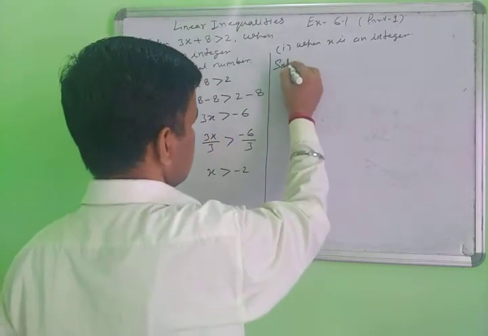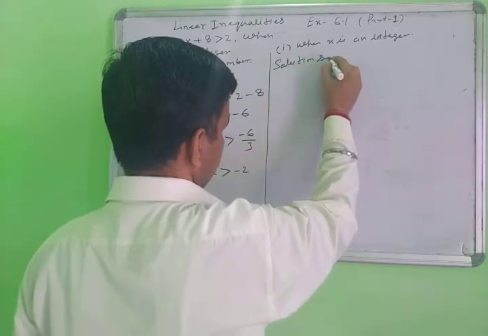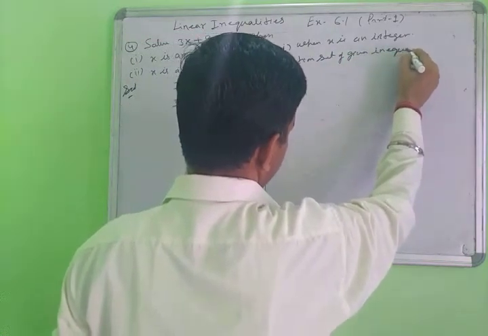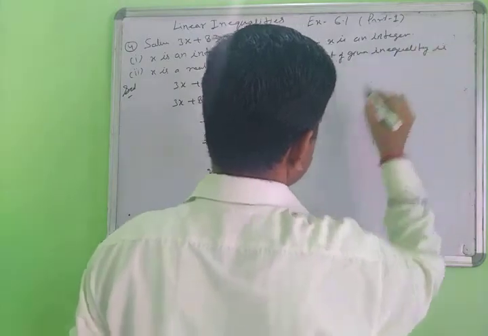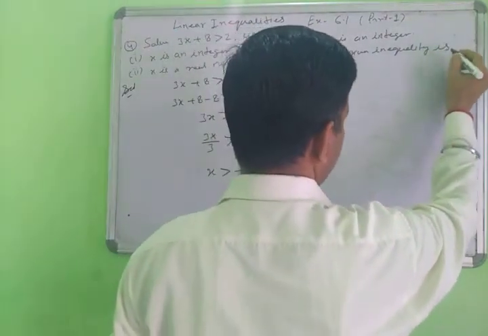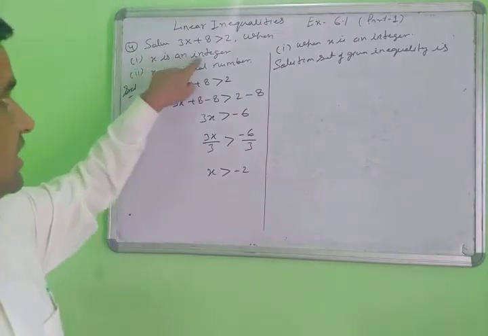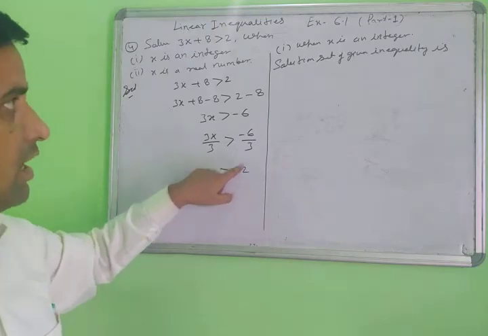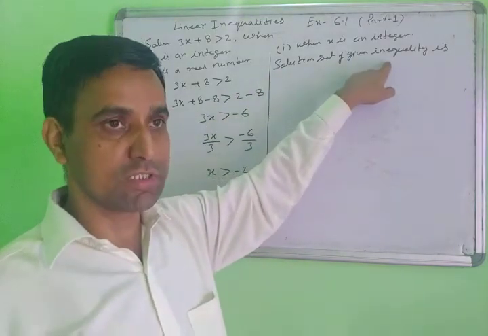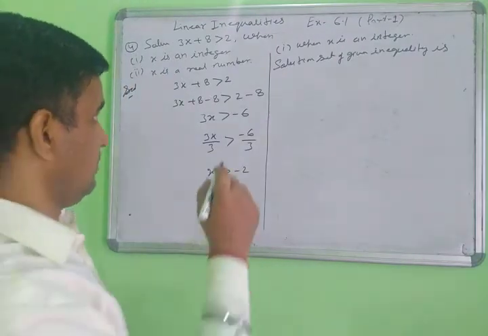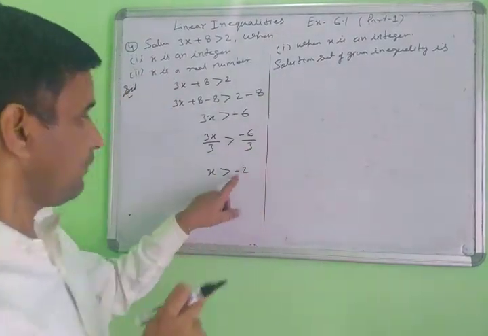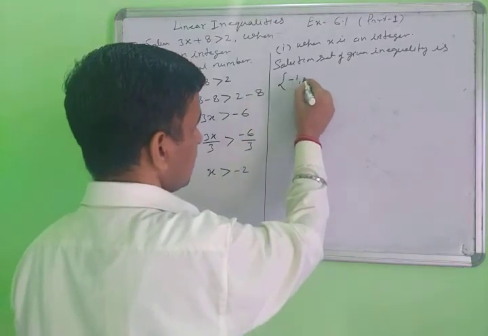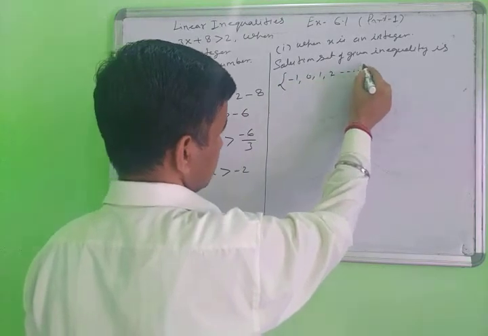The solution set of the given inequality, when x is an integer, the solution set, solution region, solution area, will be x greater than minus 2. That means minus 1, 0, 1, 2, and so on.